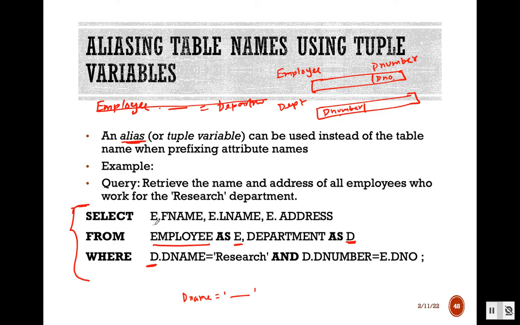Also when selecting the attributes, E.fname, E.lname, E.address, it will make our code more readable. We will also know much more clearly where these attributes are coming from. So that's how we can create an alias for each table.